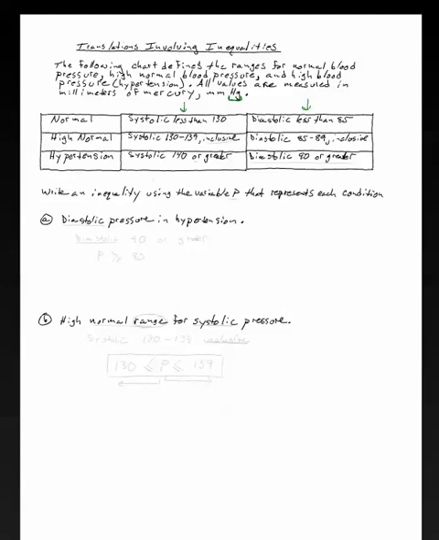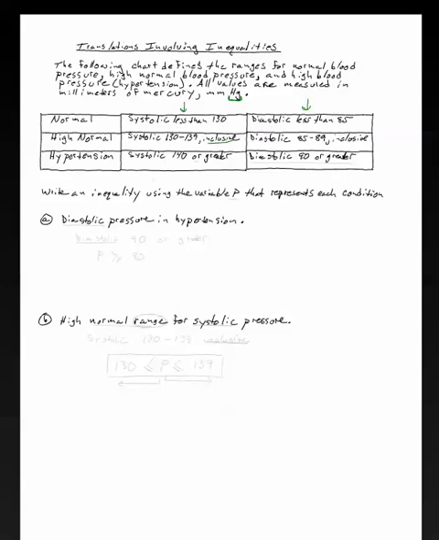So normal has systolic less than 130 and diastolic less than 85. High normal has systolic at 130 to 139 inclusive, which means it includes those ending values, 130 and 139. Diastolic is also inclusive, and it runs from 85 to 89.